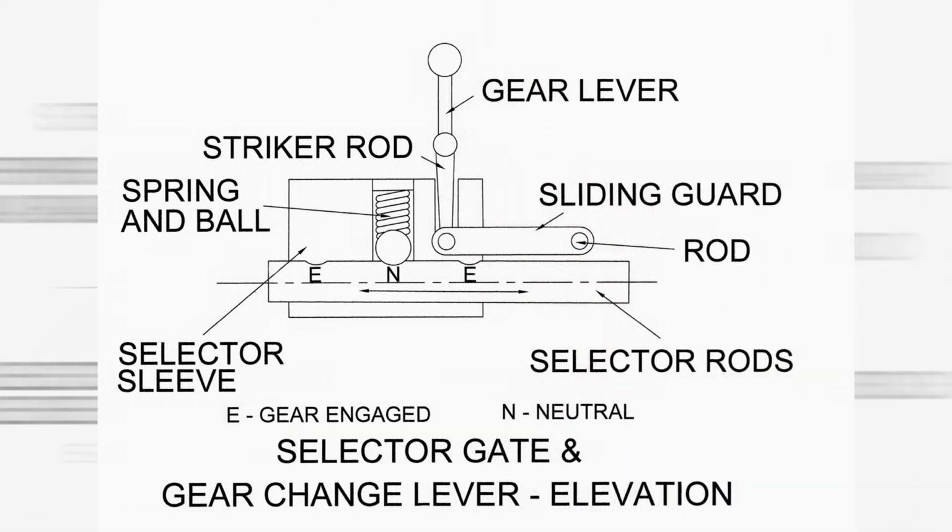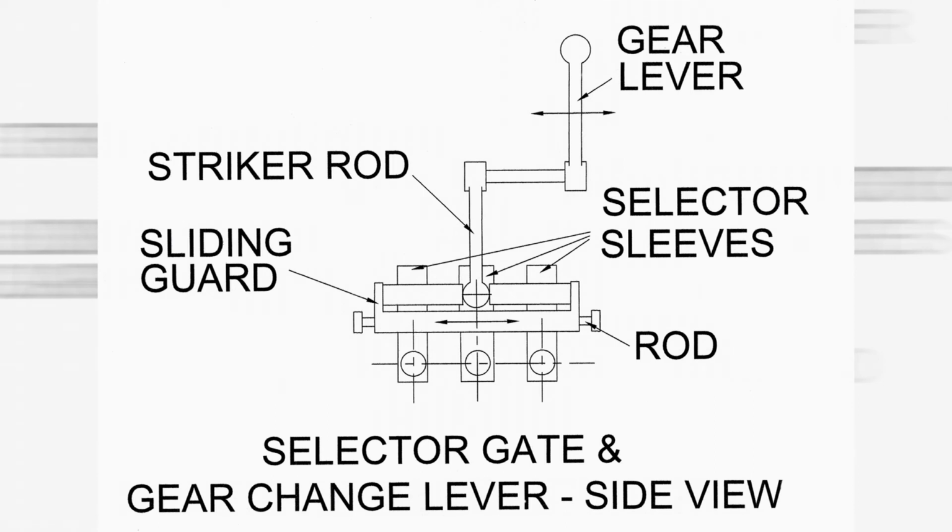Now let us go into the details of selector gate and gear change lever, referring to the next diagram that consists of 2 views. These are elevation and side view. 2 views have been shown in separate diagrams, which is against the principle of engineering drawing.